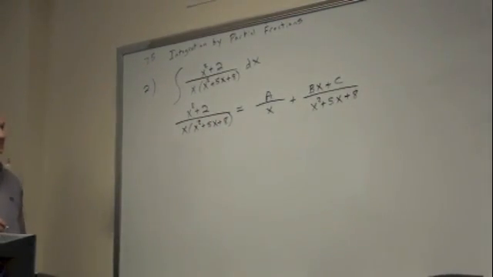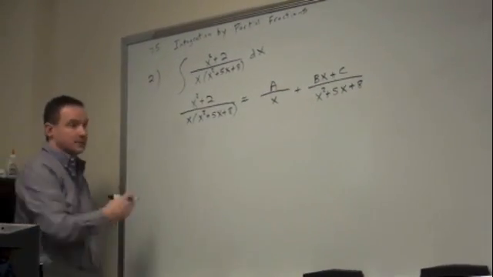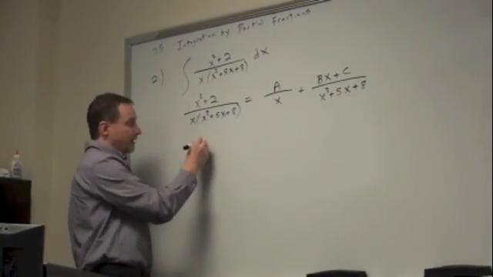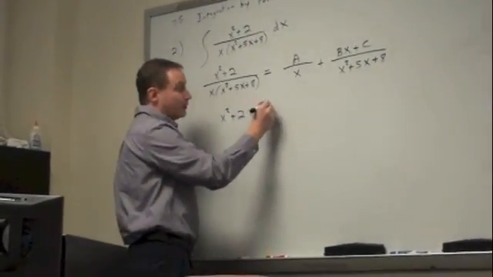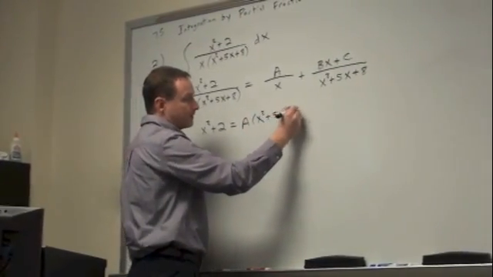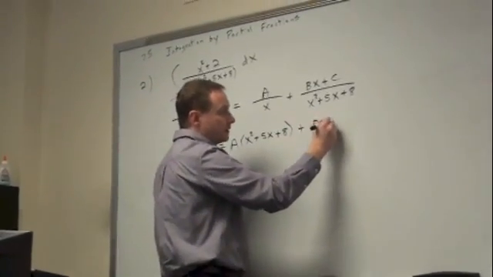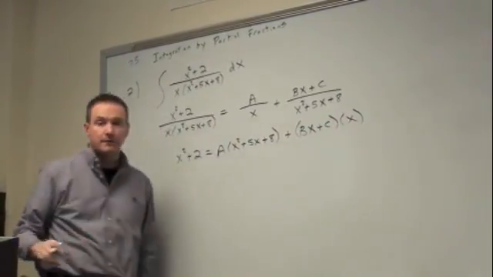Okay, so now I know I need to find A, B, and C again. I do that by multiplying through by the least common denominator. When I do that, the left-hand side is going to be x squared plus 2. The right-hand side will be A times the group x squared plus 5x plus 8, then Bx plus C times only x.